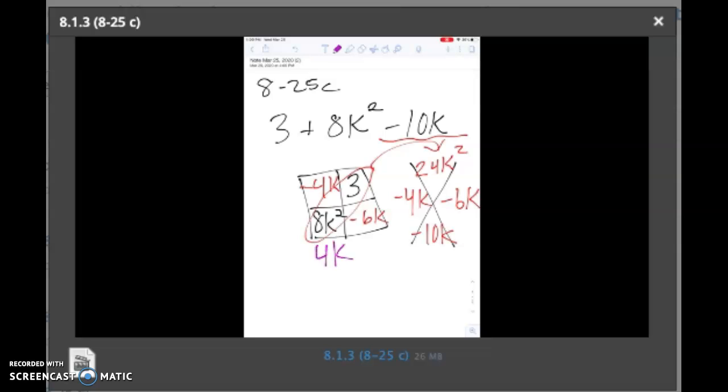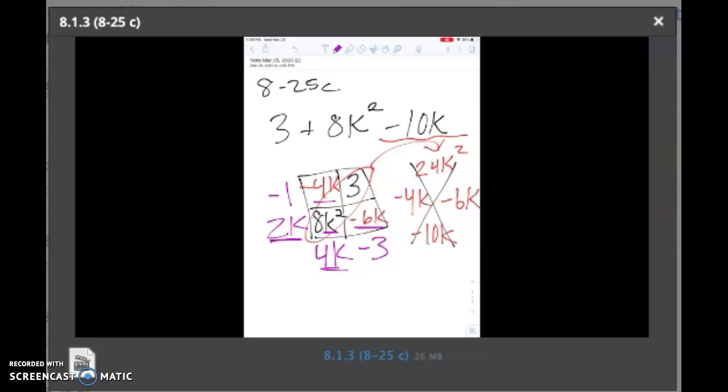And then I know that 4k times 2k will give me this 8k squared. So then at the top left-hand corner of my generic rectangle, 4k times negative 1 is what gives me that negative 4k up here. And then to get this negative 6k, well, I know I have to take 2k times something, so 2k times negative 3 will give me that negative 6k.